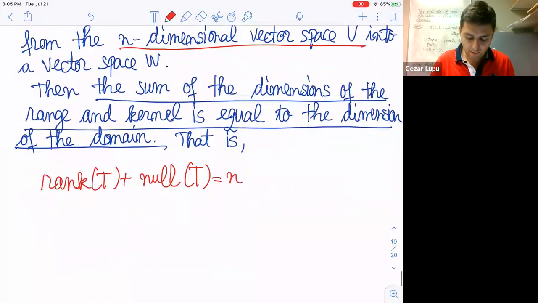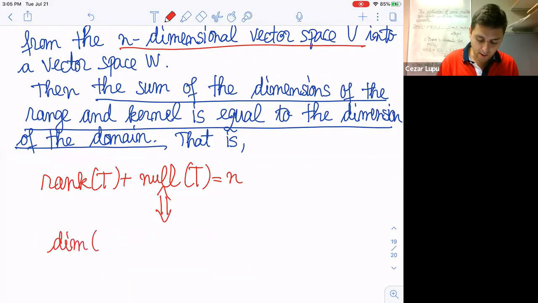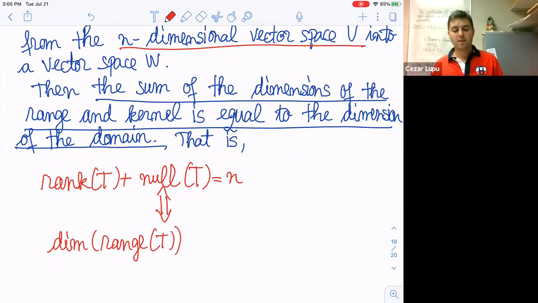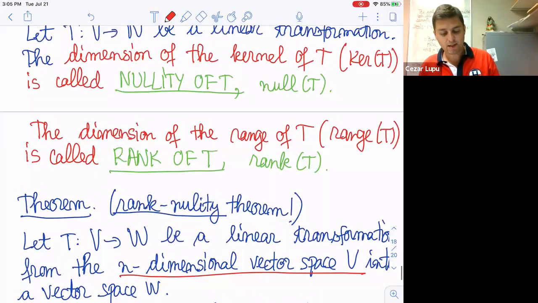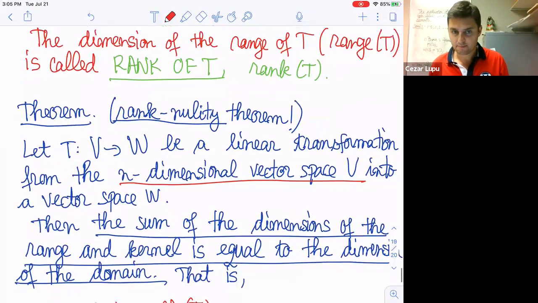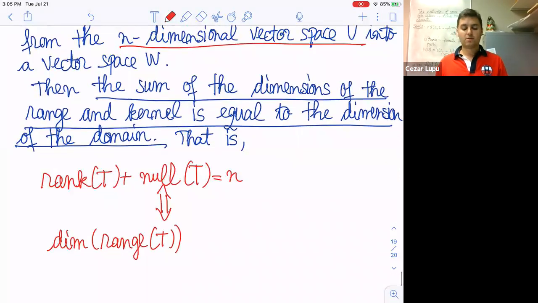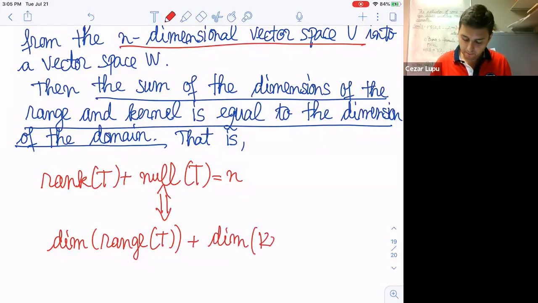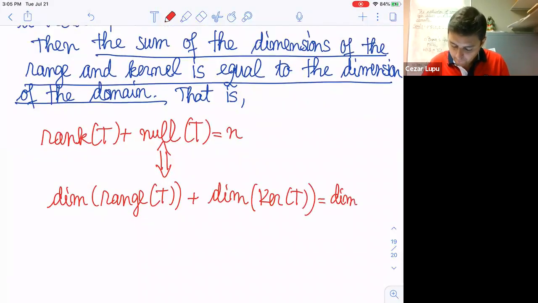Or equivalently, since by definition the rank is the dimension of the range and the nullity is the dimension of the kernel, the dimension of the range of T plus the dimension of the kernel of T is nothing else than the dimension of the domain.